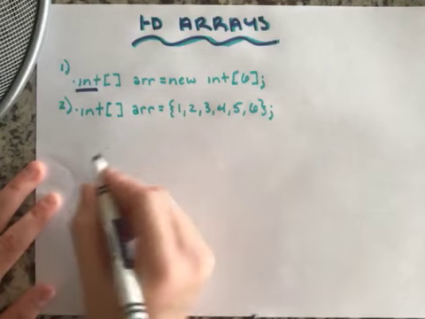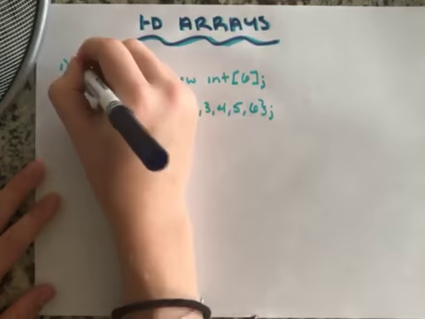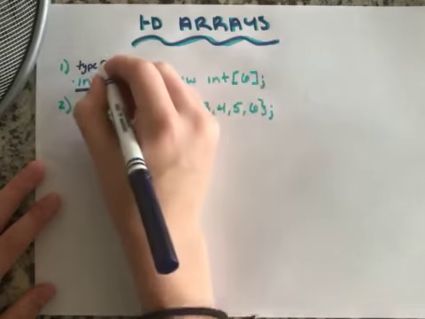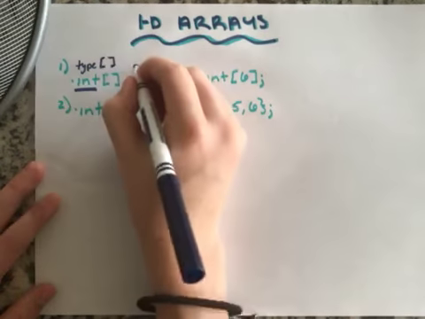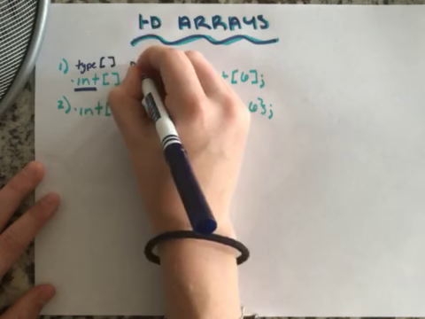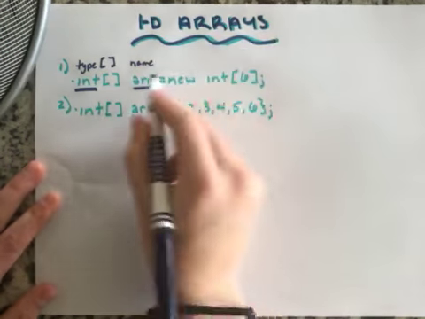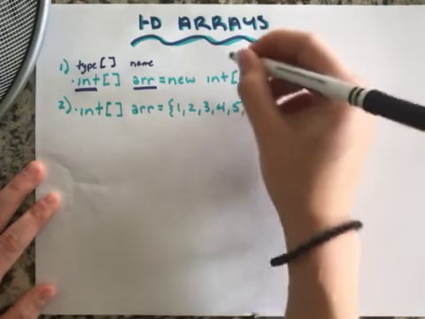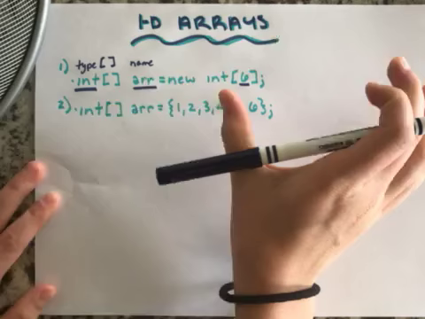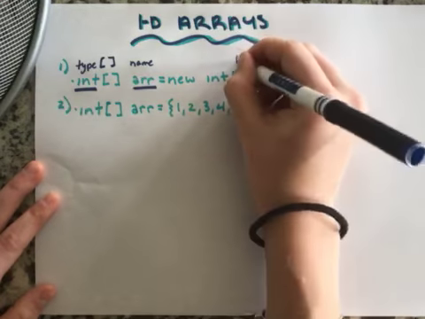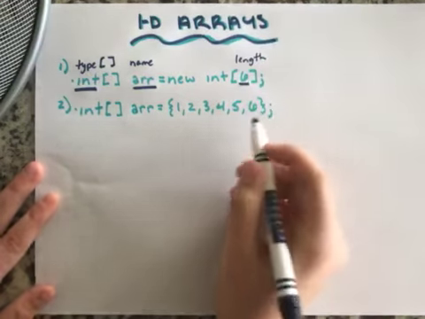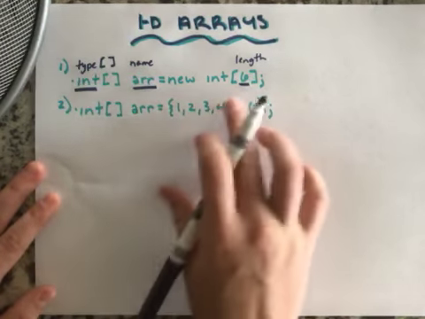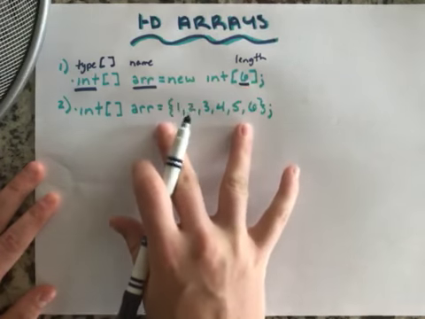So the structure of this one goes the type, and the way that the code knows it's an array is if you have these bars, and this is the name, and this just shows you it's new, and then you repeat, and then right here is the length of it and how many boxes you're creating. And the difference between these two, obviously right here it's the same, but right here, instead of just telling you how many boxes, it's filling in those boxes.